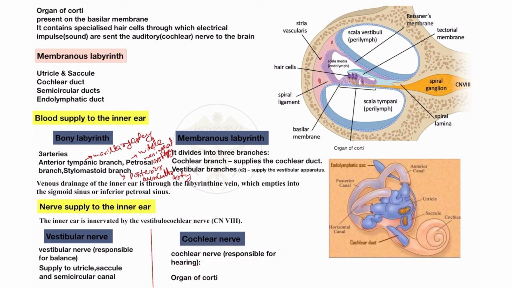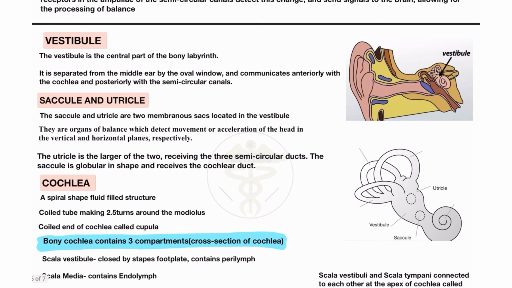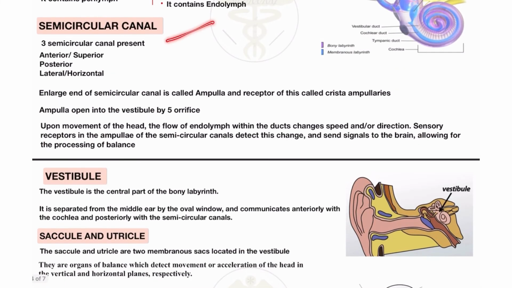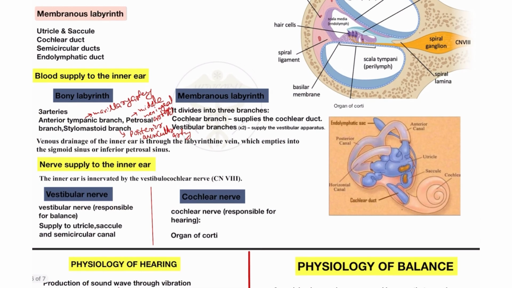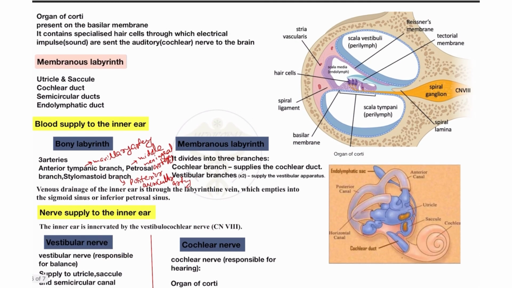Which parts does the vestibular nerve include? The vestibular nerve supplies the balancing organs, like the semicircular canals, saccule and utricle, and vestibule. The vestibular nerve supplies only these parts: the utricle, saccule, semicircular canals and vestibule.